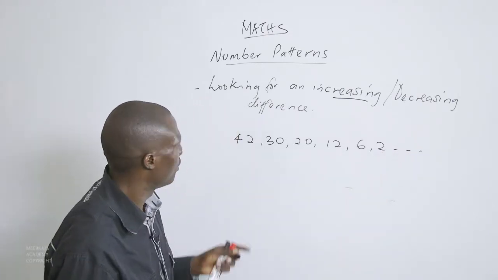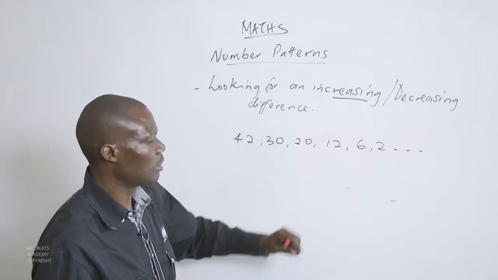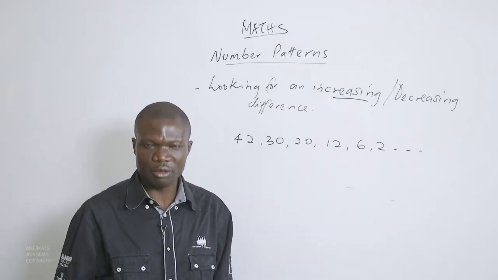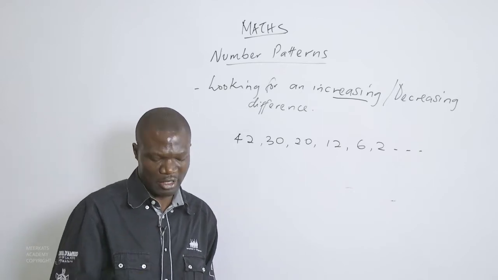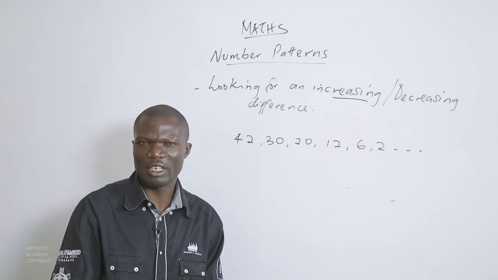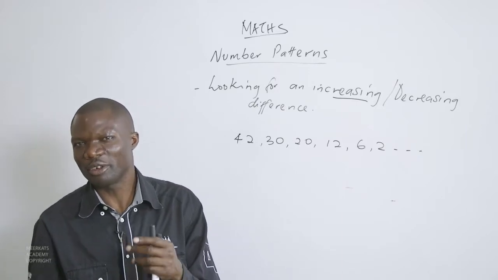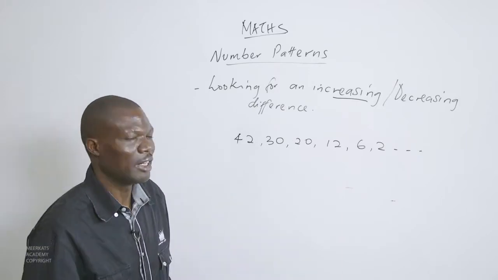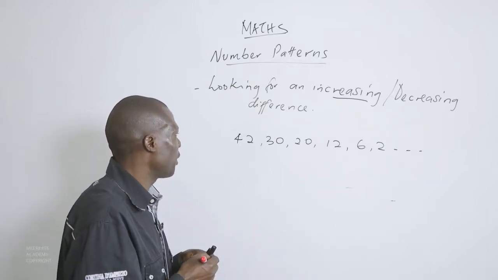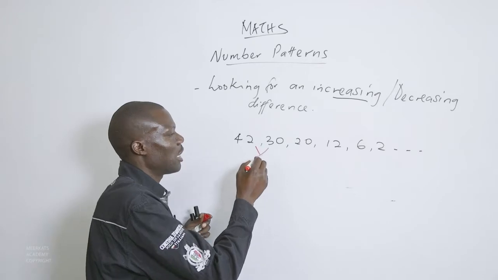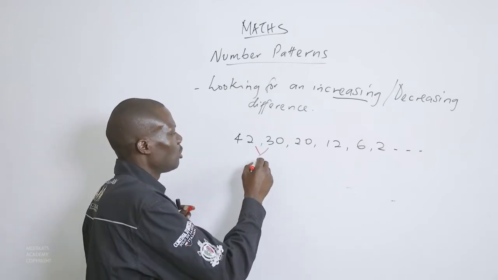We have 1, 2, 3, 4. We have a sequence of numbers here. I want you to look at it keenly and see what is the relationship or what are you able to identify. We are talking about either increasing or decreasing difference. Now, here the difference between 30 and 42 is 12.